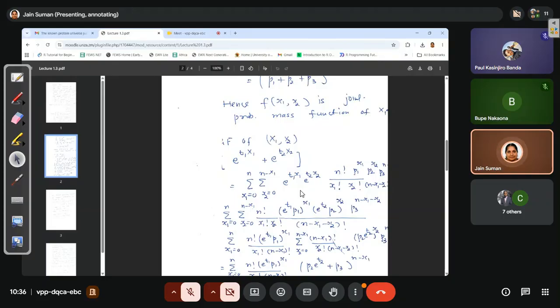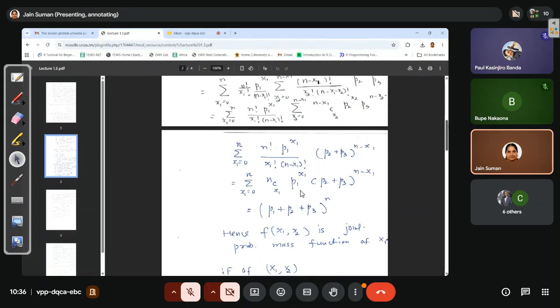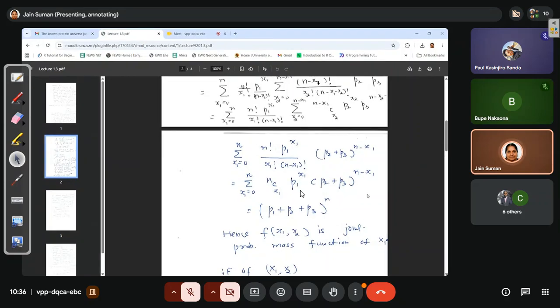And we are manipulating this also exactly the same as before, just that instead of just P1, you have here P1 e to the t1. And in this case, first is this. This is the same as what you got earlier, P2 plus P3 to the power of n minus x1.